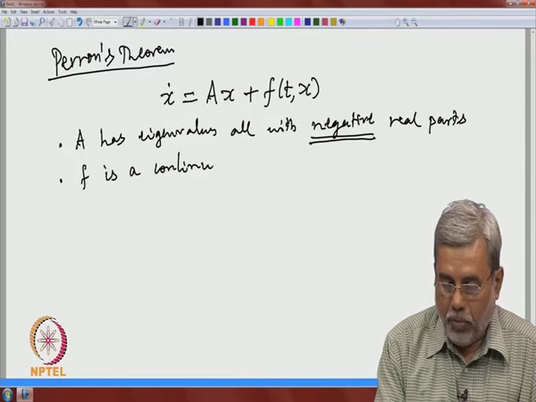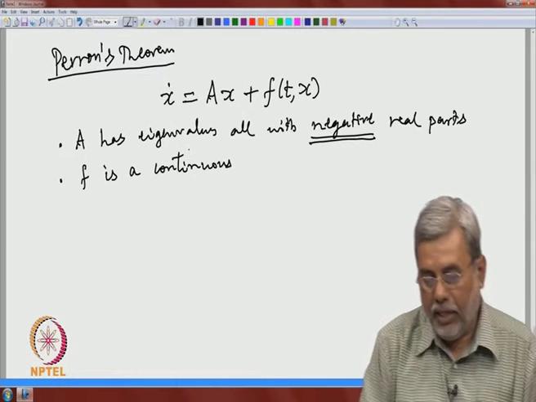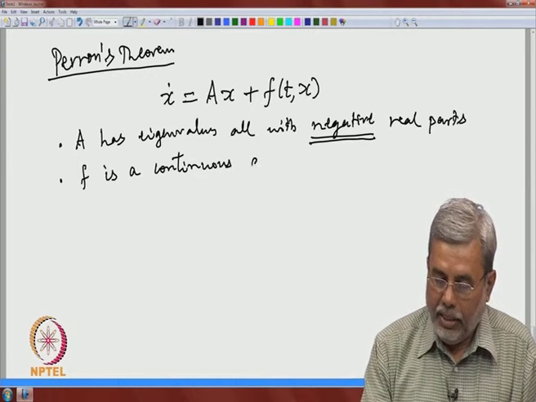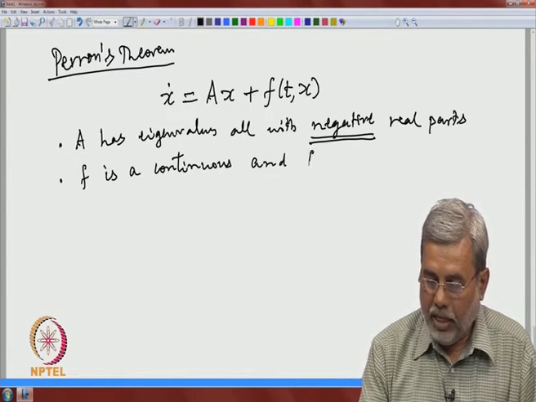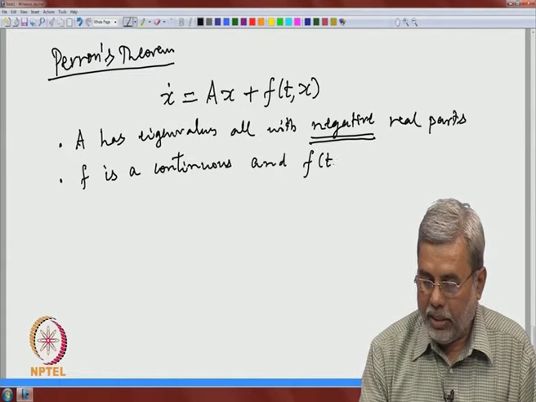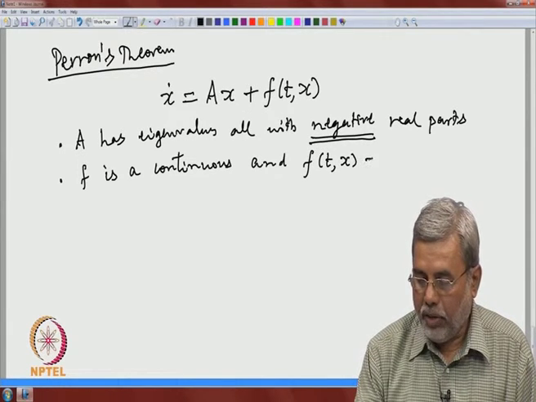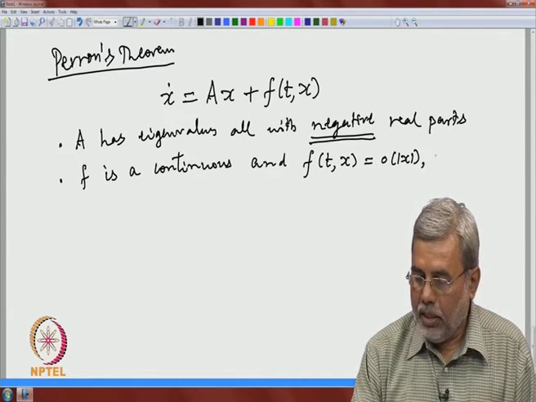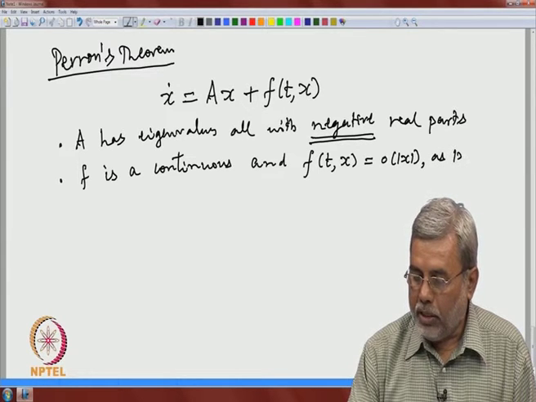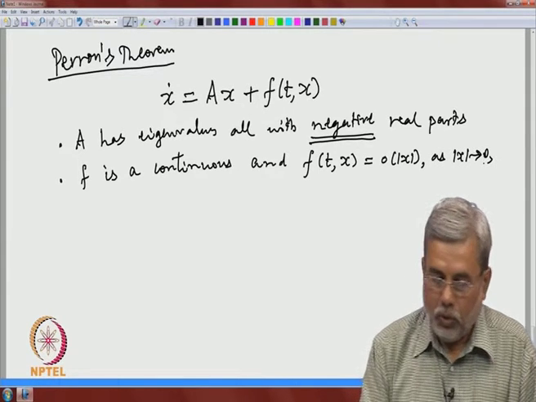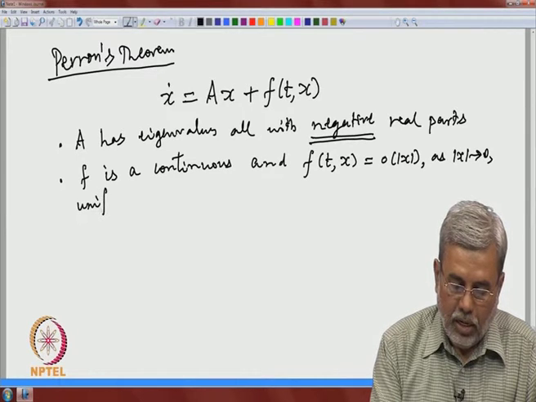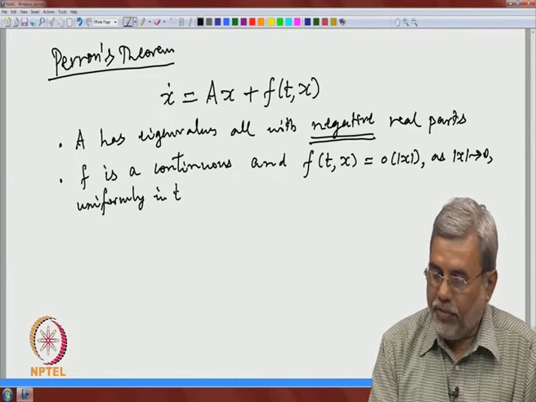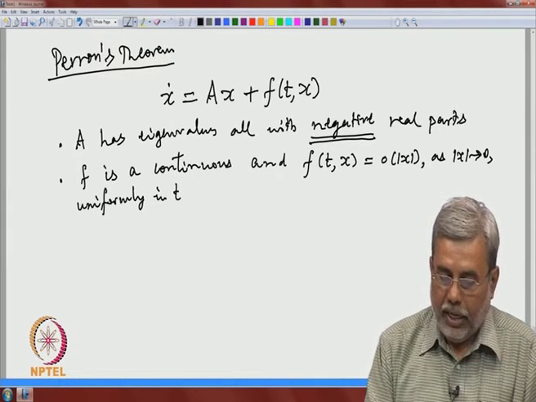Let me not bother about where it is defined, but it will be defined in a neighborhood of 0, and this is an important hypothesis, and this indicates smallness. So, norm of f(t, x) is little o of norm of x as norm of x tends to 0, uniformly in t. I will clarify this a little later.